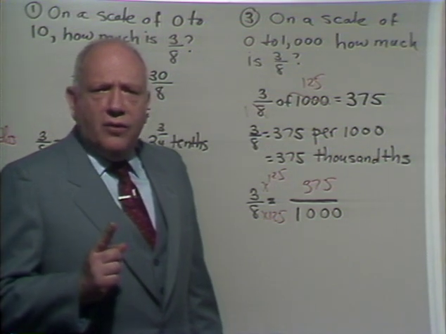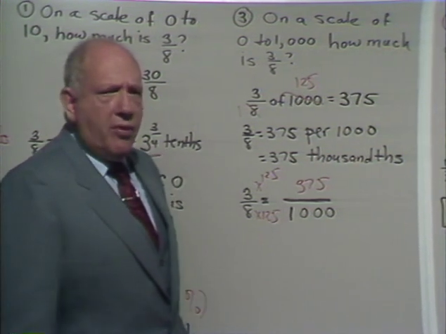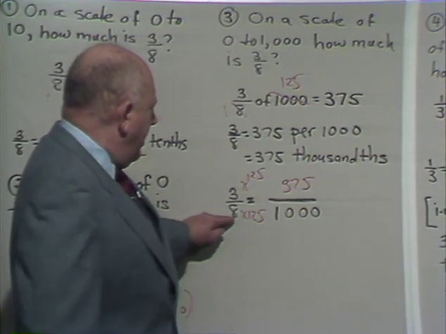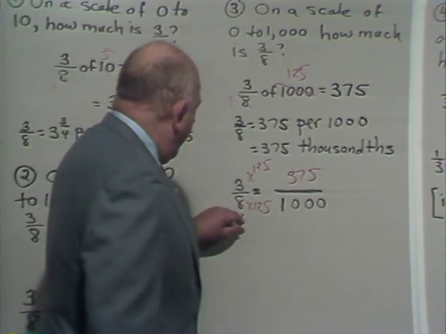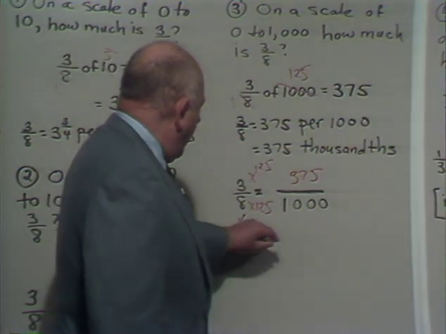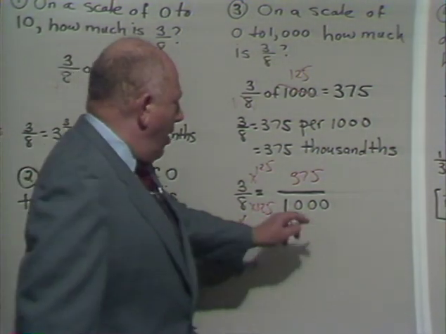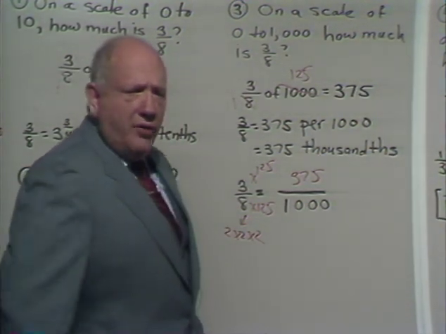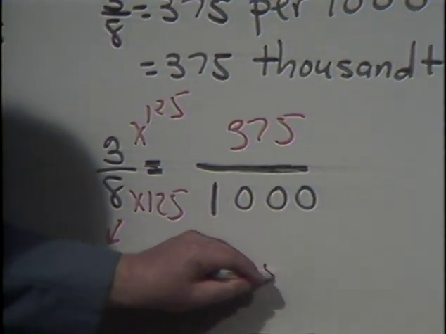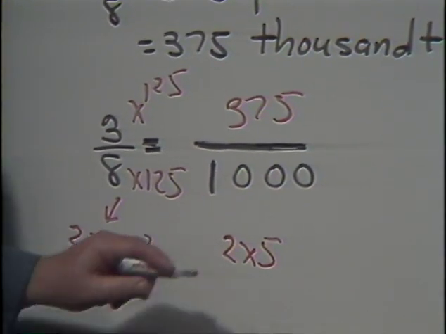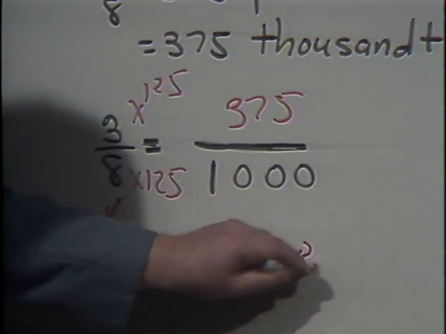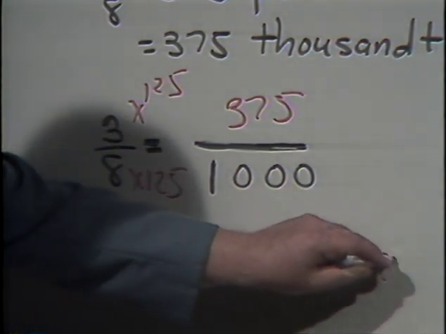Now, look what happened over here. We were very, very lucky on this problem. And the reason that we were lucky is that the prime factors of 8 happen to just be 2. See, 8 is 2 times 2 times 2. What happens to a power of 10? The only prime factors of 10 are 2 and 5. So if you had 1,000, you'd have 2 times 5 three times.